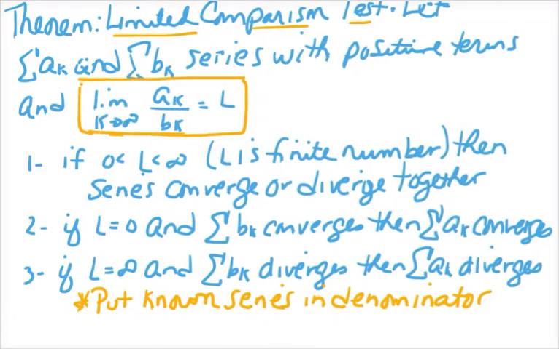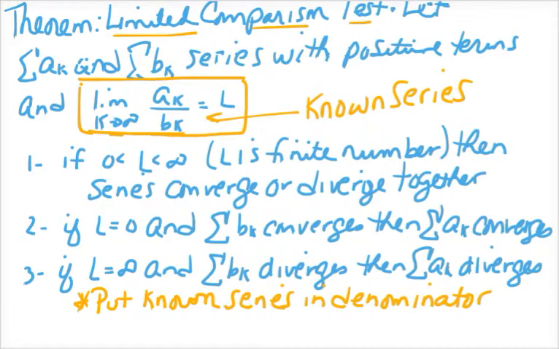If you put the known series in the denominator, it helps, I think, to make it a little easier to do the problems and interpret the results. So if you end up with a finite number for that limit, then the series are going to converge or diverge together.